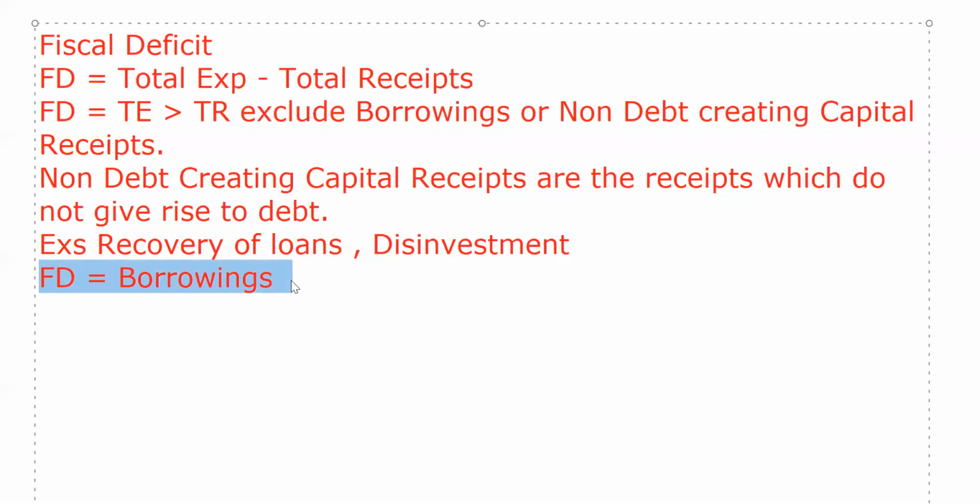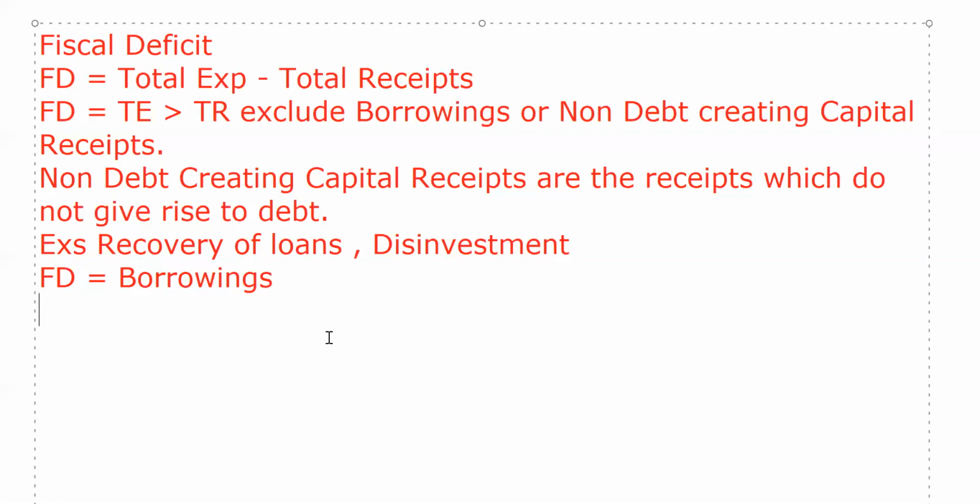Obviously, we could say, because what's the reason for this? Because anything that is to be repaid is a liability and therefore not included in the fiscal deficit.